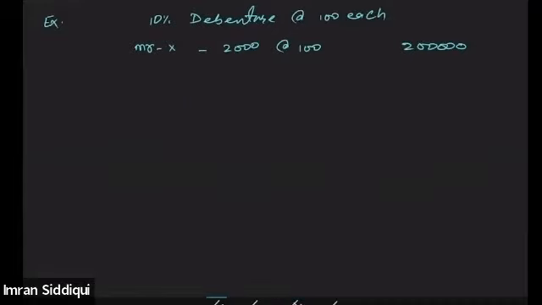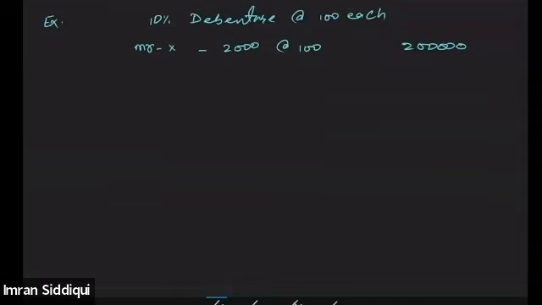Now, assume that the debenture has been issued on 1st of April of a particular year. If interest is being paid on a half yearly basis, then the first interest will be paid after 6 months: April, May, June, July, August, and September. So till 31st of September, you need to pay the first interest for the first 6 months.